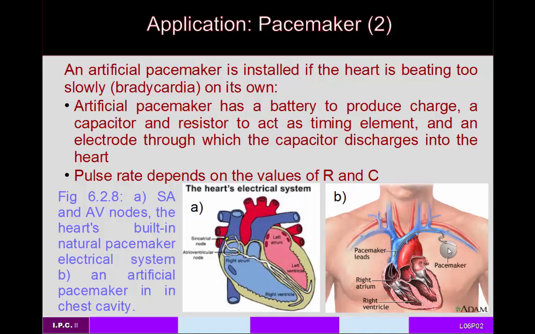The pulse rate depends upon the values of the resistance and the capacitance of this pacemaker.